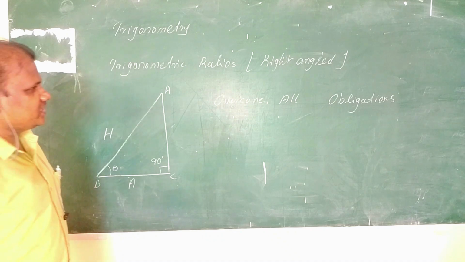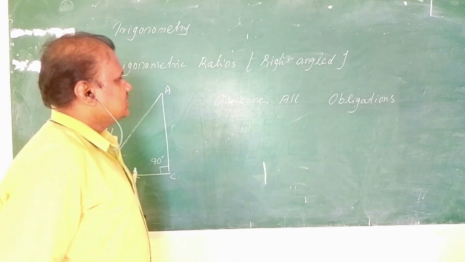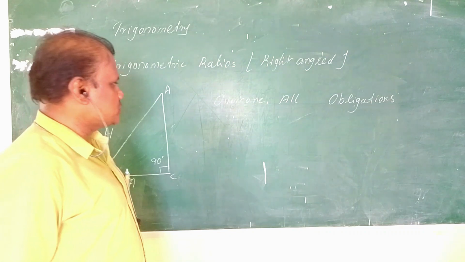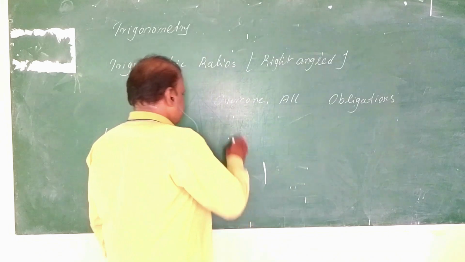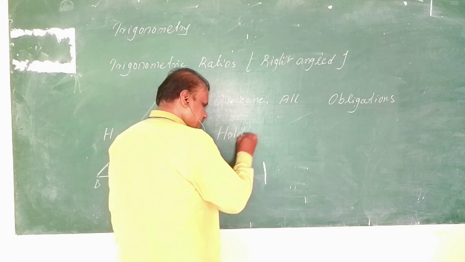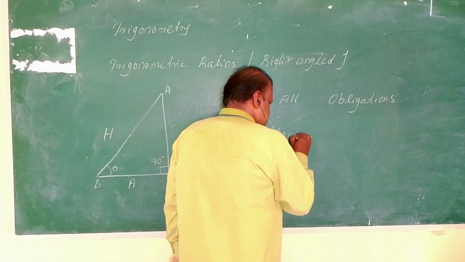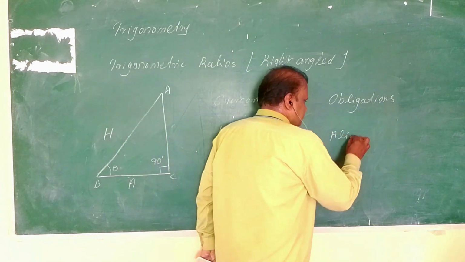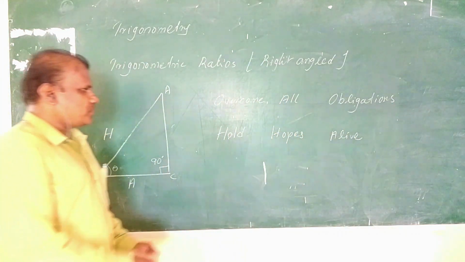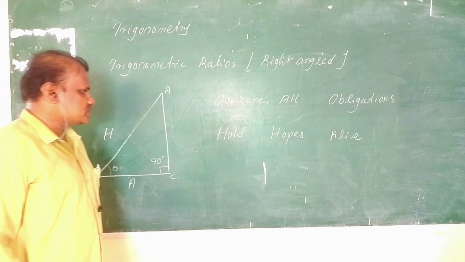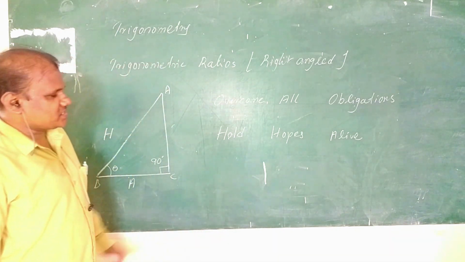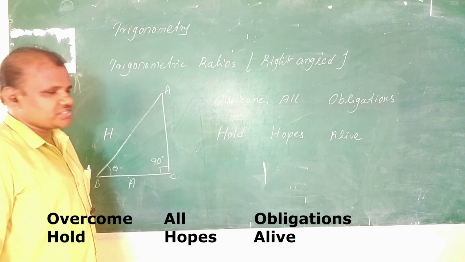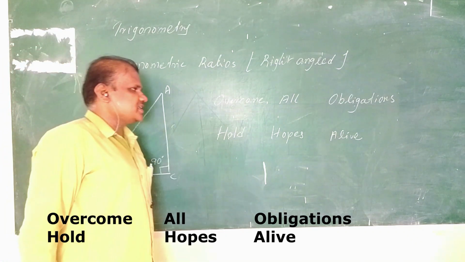During the journey of life you may be facing different problems, so you have to overcome all these issues. That is the meaning of overcome all obligations. Hold means keep, so keep all your hopes alive. By using these two quotations, we are going to define the trigonometric ratios.